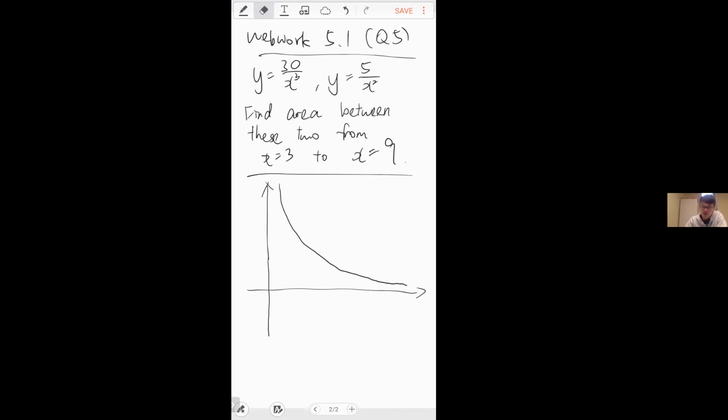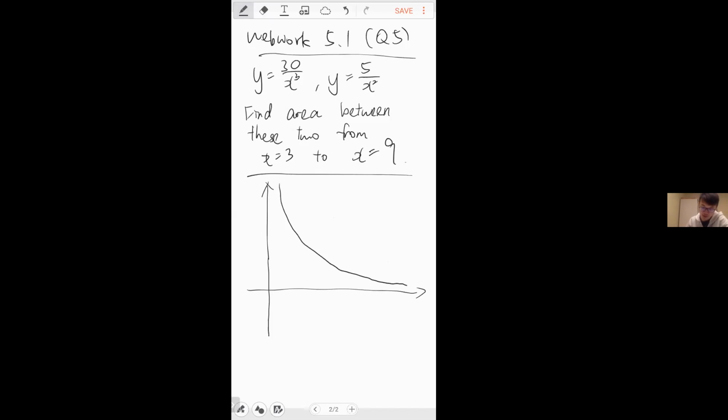The first one is the two graphs are separated like this. The second possibility is this: they have one intersection. And how do I know which one is the correct one? I'm asking a very simple question. How do I know they actually intersect each other?